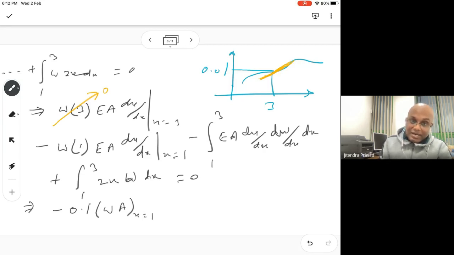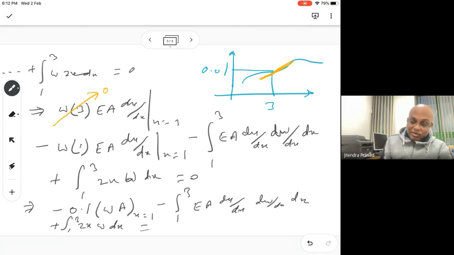And then we have minus the integral from 1 to 3 of EA du over dx, dw over dx, and then plus the integral from 1 to 3 of 2x w dx.